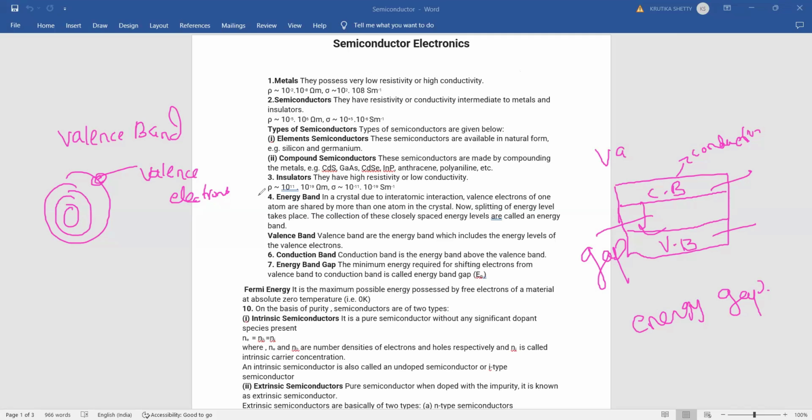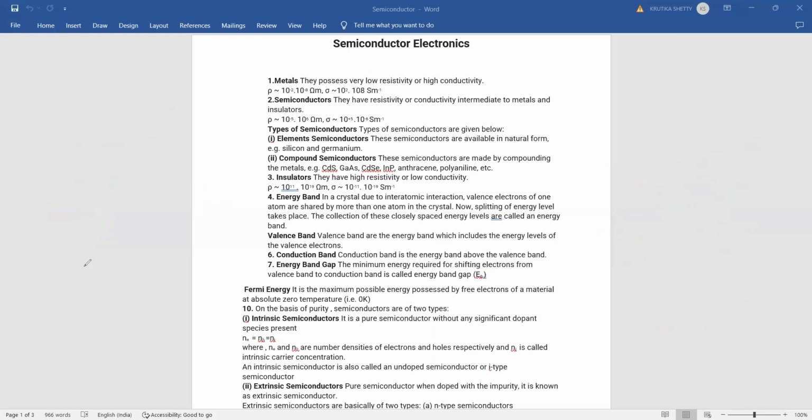Then in the semiconductors, we have discussed some of the definitions. Okay. Let us go for the next point now.